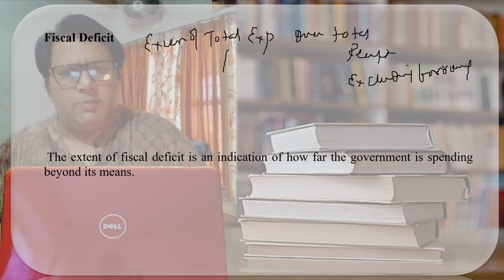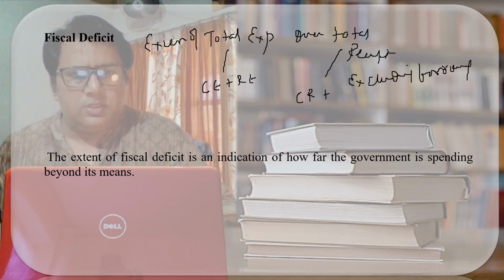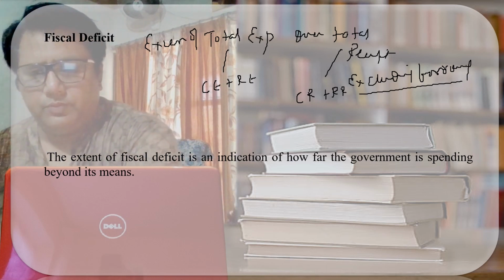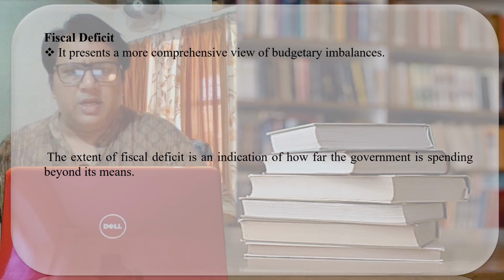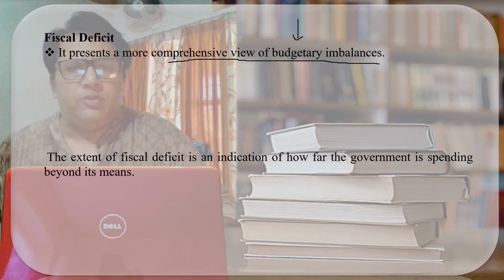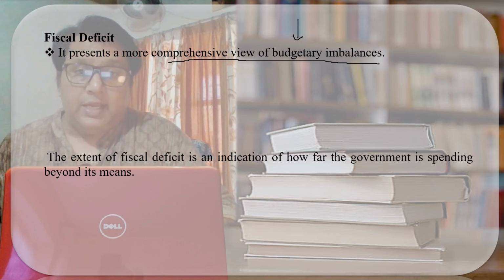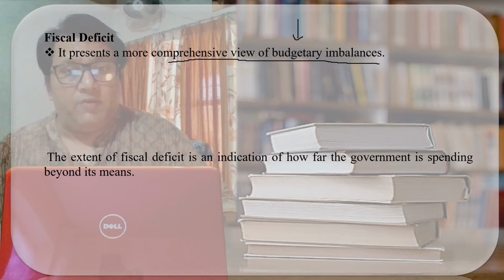When I say total expenditure, I am talking about the summation of capital expenditure and revenue expenditure. And the total receipt means capital receipt plus revenue receipt excluding borrowing. Always remember, fiscal deficit presents a more comprehensive view of the budgetary imbalances. Why does the fiscal deficit show a clearer picture of the budgetary imbalance, and not the revenue deficit?